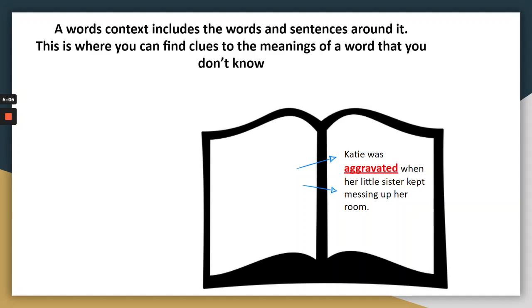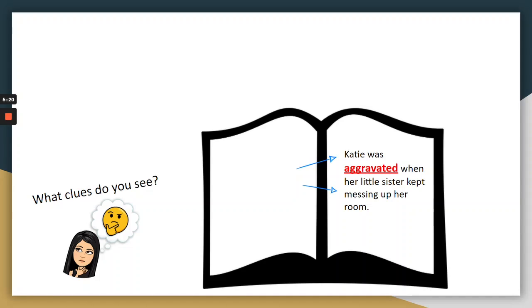Let's look at this sentence again. Katie was aggravated when her little sister kept messing up her room. We're going to use context clues to help us figure out what the word aggravated means. Now, Katie was. That is not giving me a clue. It's just telling me who is in the sentence, possibly even the main character.